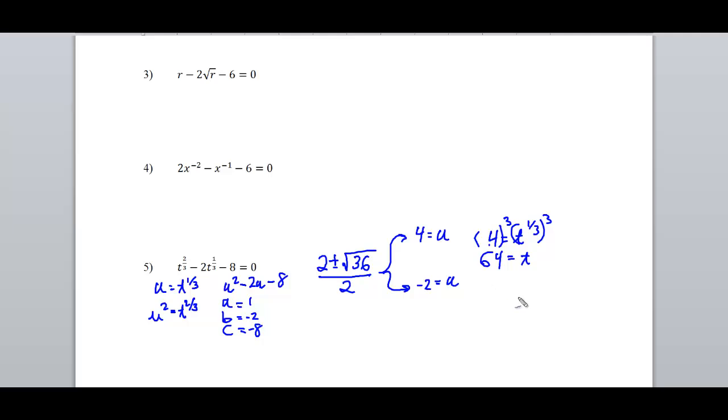Here we've got t to the 1/3 is equal to -2. Again, the reason why: u is equal to t to the 1/3, u is equal to -2 due to the transitive property. t to the 1/3 is equal to -2. Cube both sides. t is equal to -2 times -2 times -2. Careful, is -8. So I have 2 answers to check. I got 64 and -8.